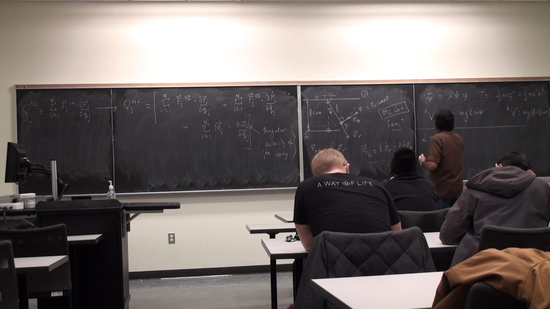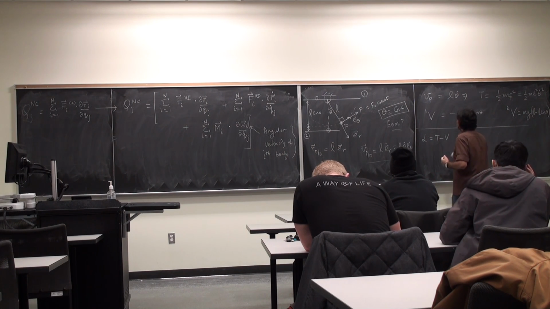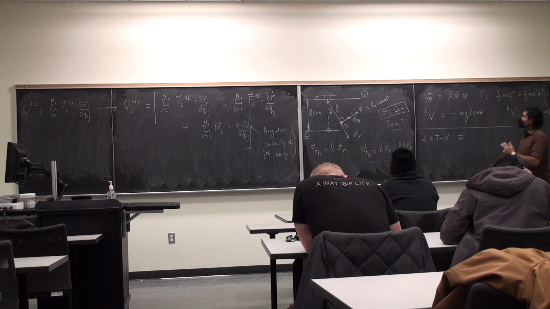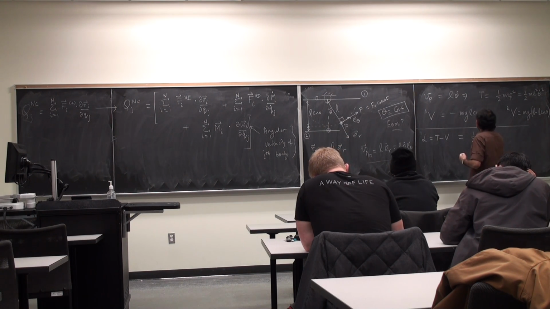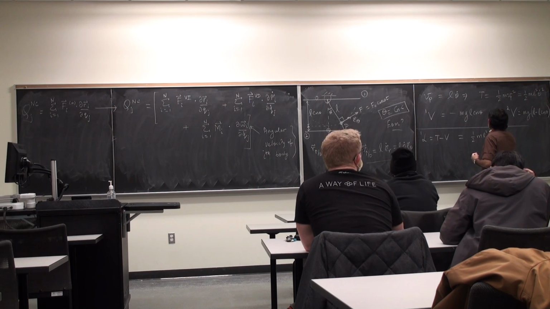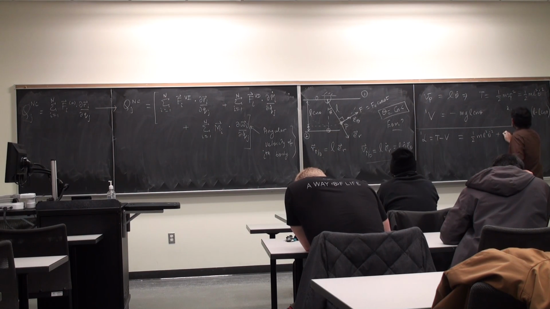Lagrangian is T minus V. So in the first instance, it's going to be T minus V1. So that's going to be half m L square theta dot square plus mgL cosine theta using the potential energy function V1.